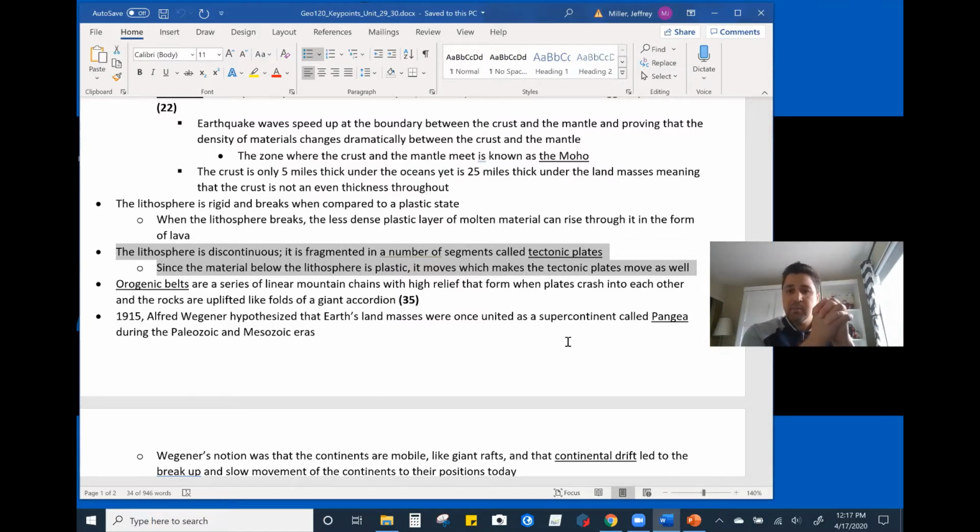So what we're saying is that it's fragmented into a number of different segments. And these fragmented segments are called tectonic plates. So it's not continuous.